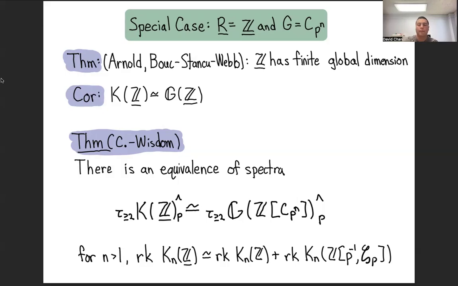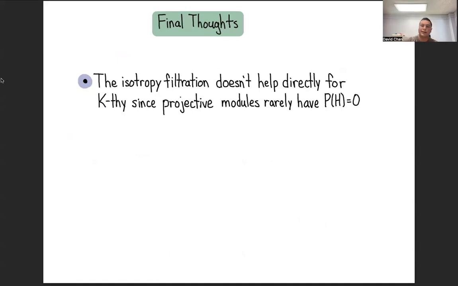Yeah, okay. So I want to end on a couple final thoughts. Why are we going through all this work to look at G theory? We have this filtration on the category of modules. Why not just look at K theory directly by taking this filtration and looking at projective modules and using this to study K theory?